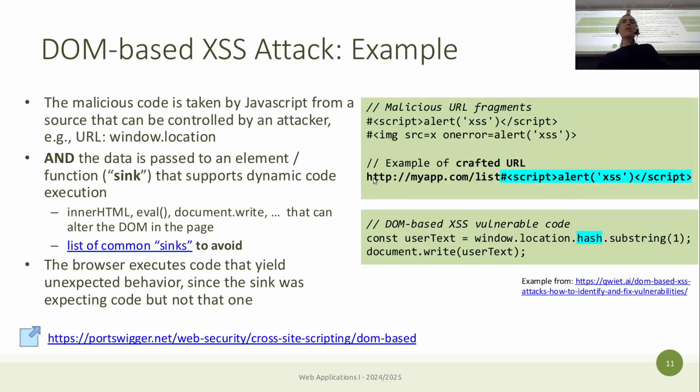So somebody gives you a URL like this, myapp.com/list and hash, and the part after the hash, actually we didn't say it when we discussed HTML, but it's a way to have an internal reference in the page. So basically, the browser discards that part because there is no internal reference to move to at a certain point in the document.